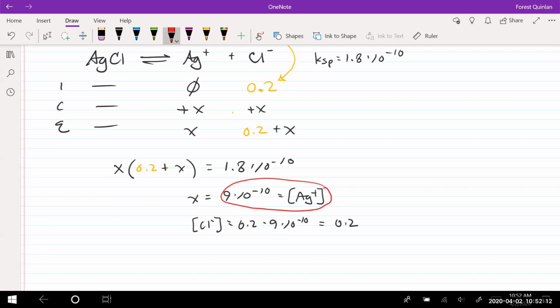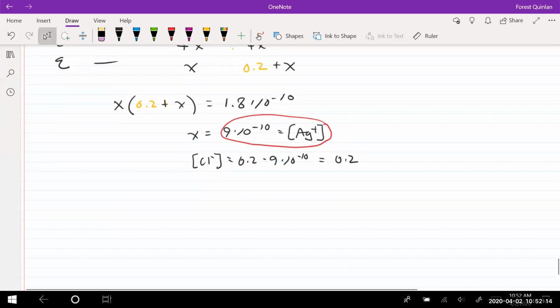So this isn't anything new to us. We know that if we loaded up the products, we should shift to the reactants. Fourth, it's plus for the Cl minus. Yep, thank you.